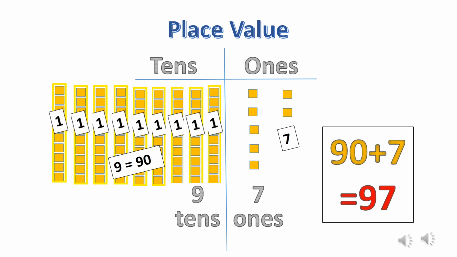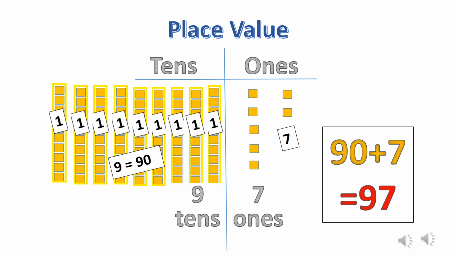As our last example, let's look at the number 97. 7 ones and 9 tens. So you would put 7 yellow cubes in the ones place to show 7 ones, and you would put 9 ten sticks in the tens place. 9 ten sticks are worth 90, and 7 ones are worth 7.